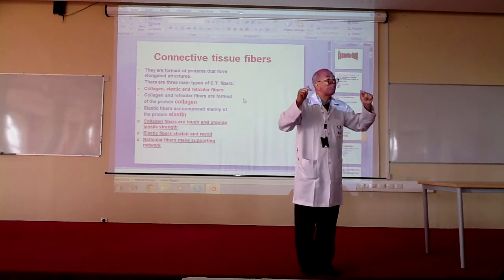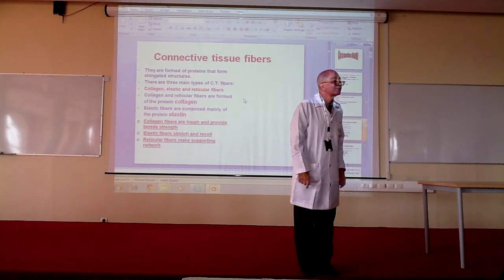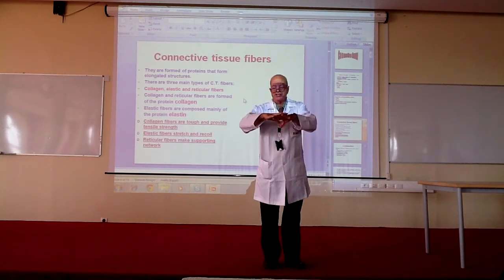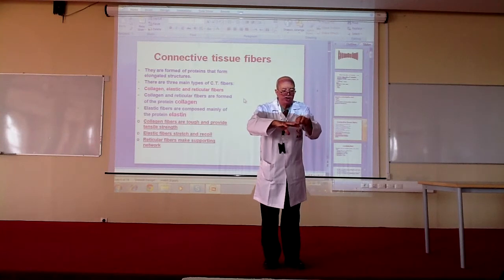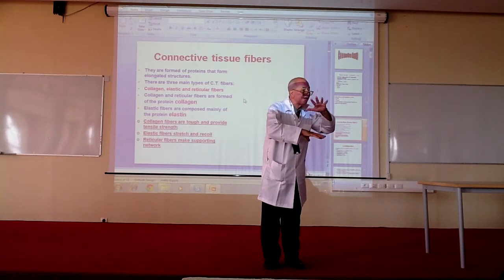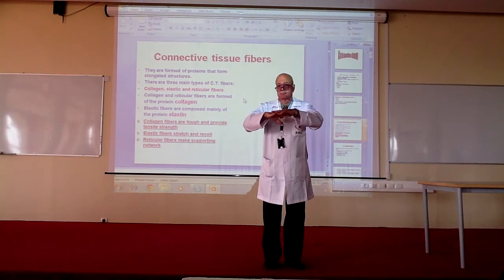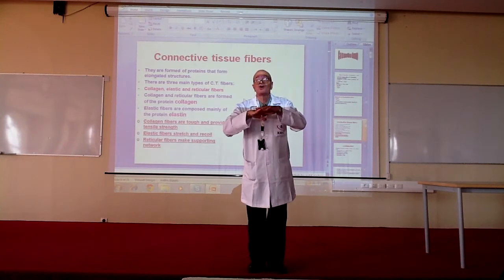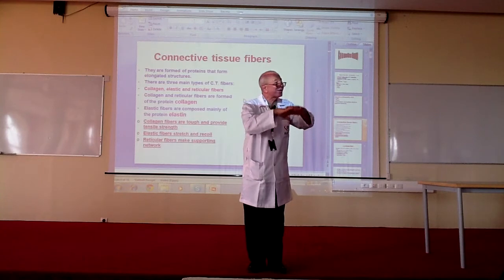So, what does it support in the liver? It makes a network to support the cells of the organ. So, what it supports is the cells of the liver. Liver cells, what do we call them? Hepatocytes.